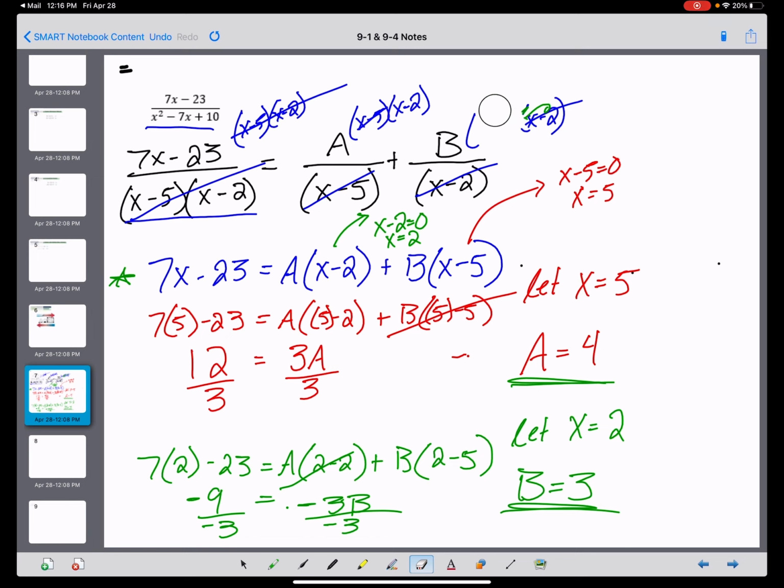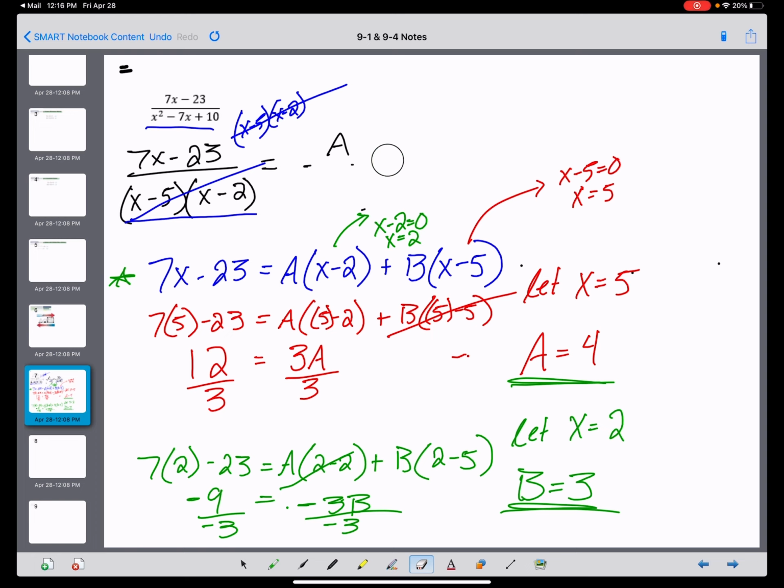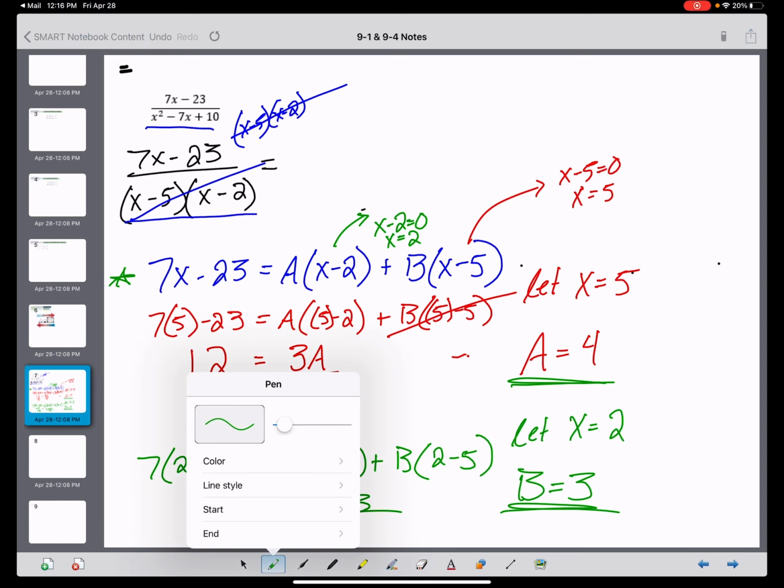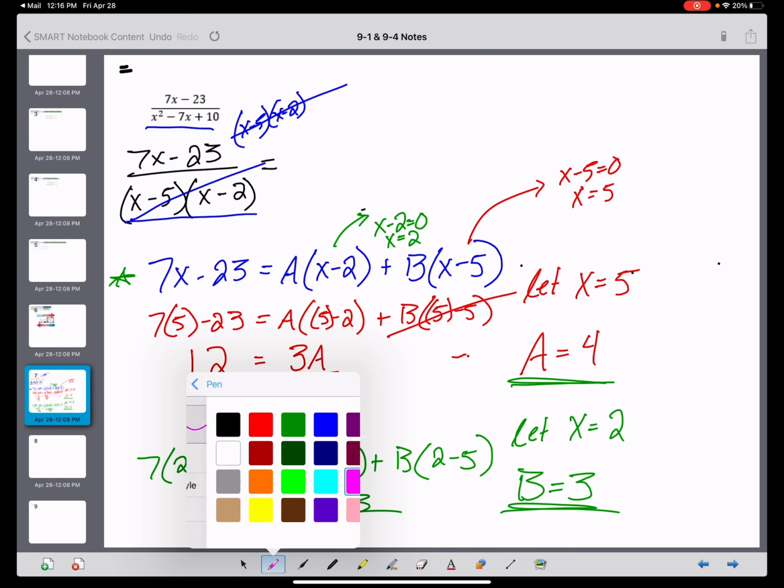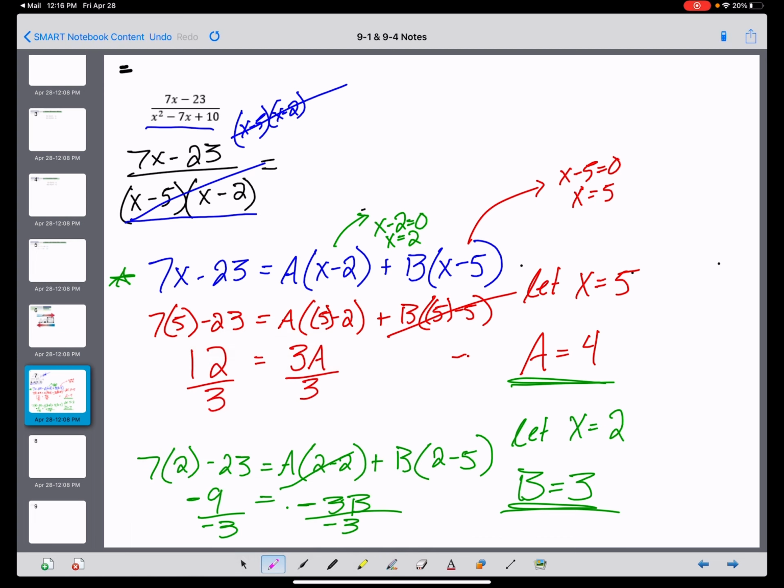Now I can come through here and give my final answer. I'll erase all this and change my color to something new. We said in the beginning this was A over x minus 5 plus B over x minus 2.